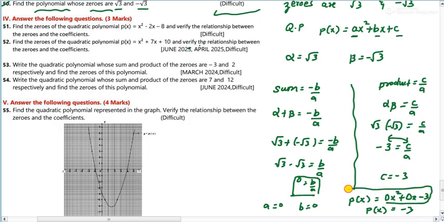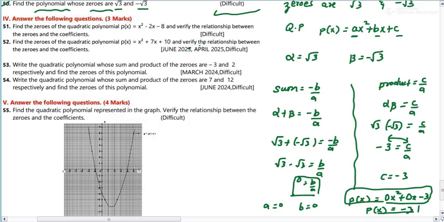Either you can write this or this. Got it? Any doubt? Okay, so I hope it's clear. All the 2 mark questions we have solved, right? So they are important, keeping your exam in mind.